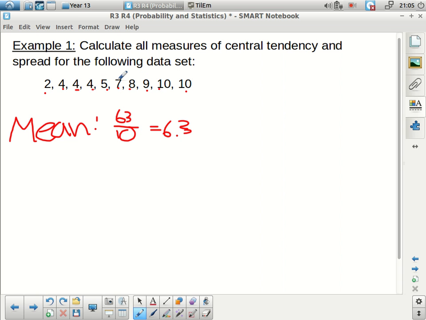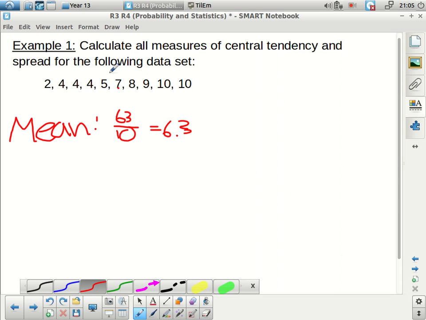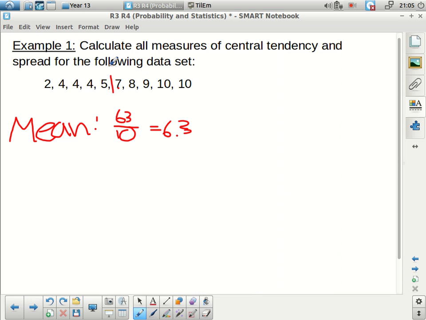There's 2 numbers in the middle that are 5 away from the end. So that means I'm going to have to go in between those 2. So my median is 6, halfway between 5 and 7. So the median is 6.